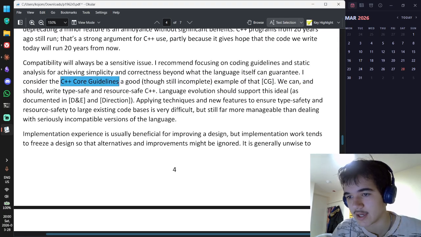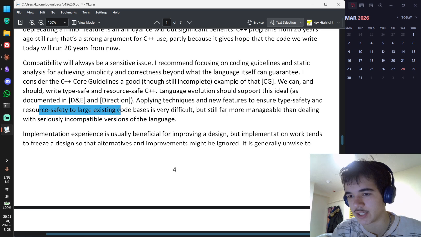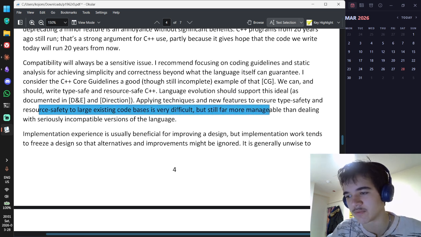They're on GitHub, and I want to read through them because I think that'd be really interesting. We can and should write type safe and resource safe C++. Of course, language evolution should support this ideal, as documented in D&E. Applying techniques and new features to ensure type safety and resource safety to large existing code bases is very difficult, but still far more manageable than dealing with seriously incompatible versions of the language.